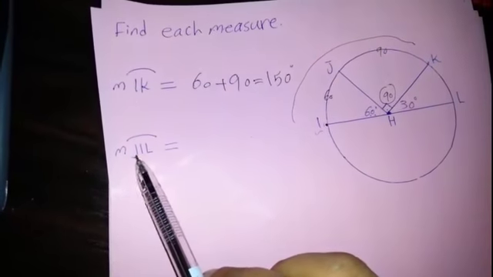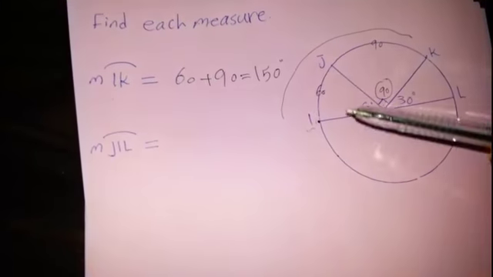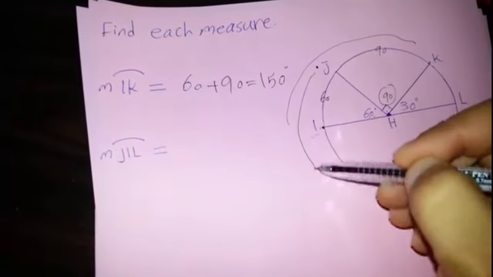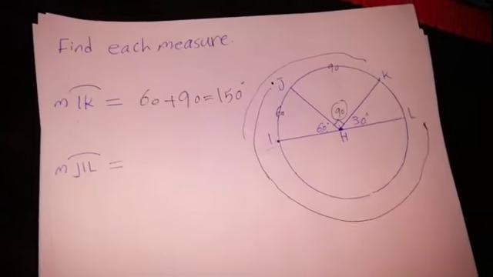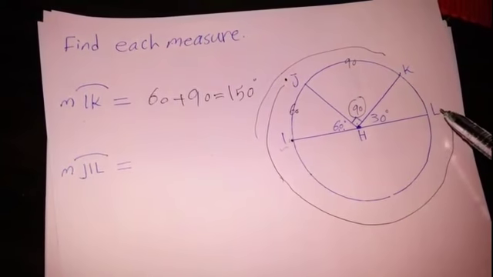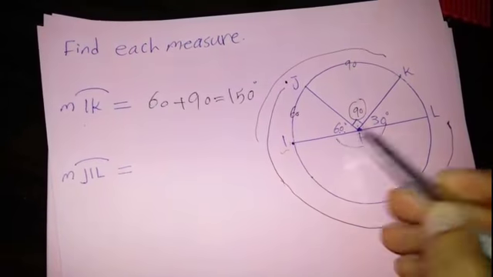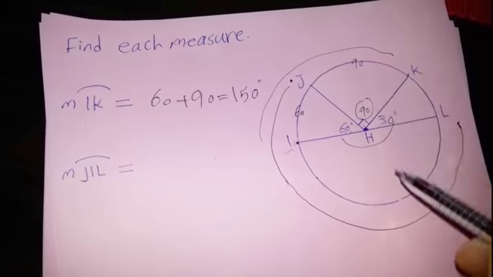Now, measure of arc JIL. Where is JIL? We start from here and go this way, like that, to L. It's JIL, this one. We know that this is a diameter which divides the circle into two halves.